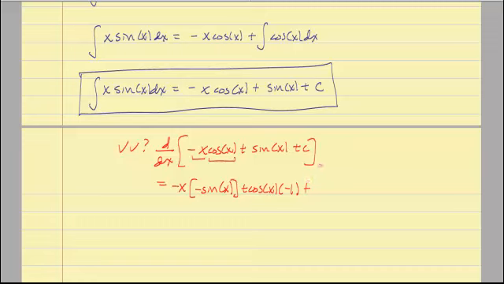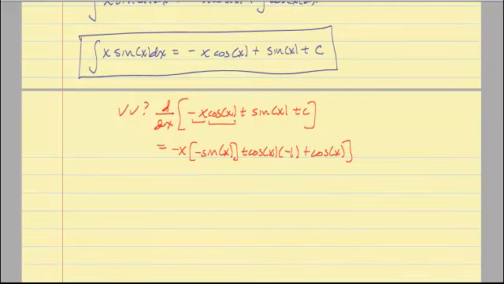That's my product rule. Now I need the derivative of sine, which is a positive cosine, and the derivative of my constant of integration is 0. So let's try and rewrite this a little bit. It looks like we have negative times negative is a positive x sine of x, minus cosine of x plus cosine of x.